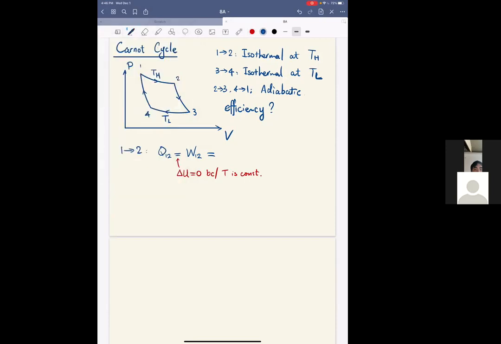So what is that work? We have worked out the expression for the work for the isothermal process. It's just nRTH ln V2 over V1, where V2 denotes the volume of the gas at point 2, and V1 denotes the volume of the gas at point 1.